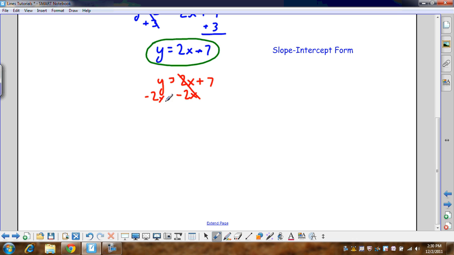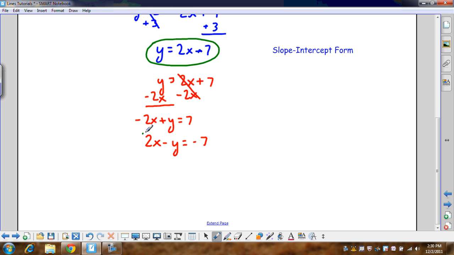Standard form means x and y need to be on the same side. So let me rewrite my slope-intercept form. I have y equals 2x plus 7. For standard form, I would need to move the 2x to the left. So I'm going to subtract 2x.